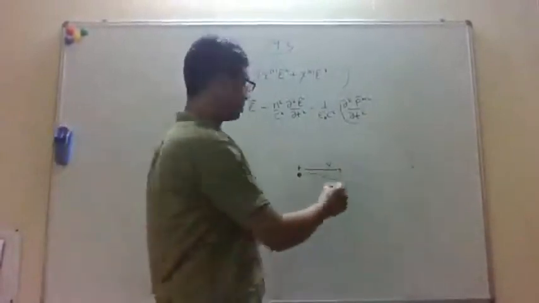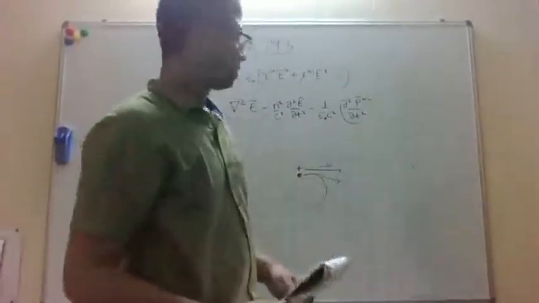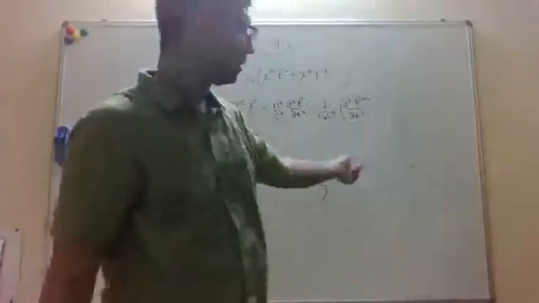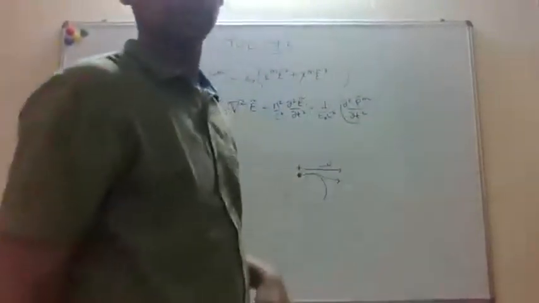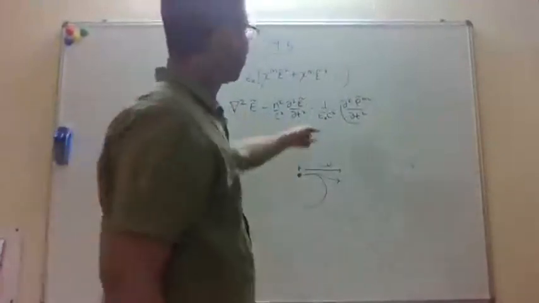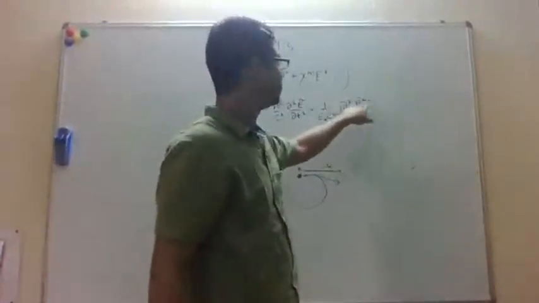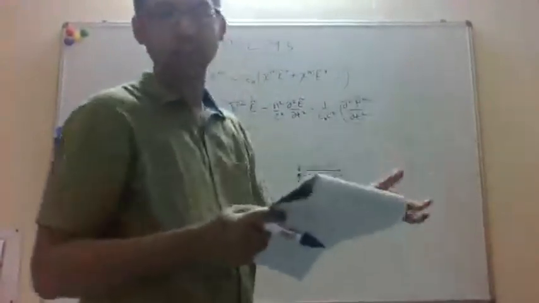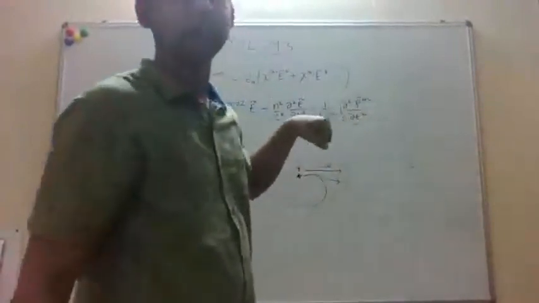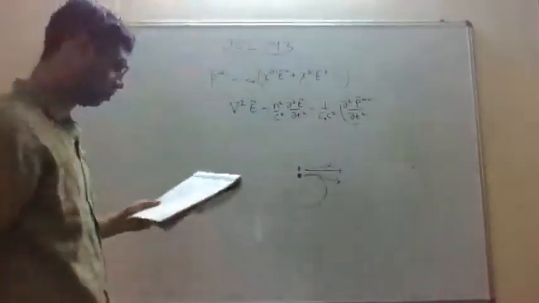But if it's accelerating, so if it's changing its direction or changing its speed, then fundamentally, again from Maxwell's equations, you see it radiates electromagnetic energy, right? So you can see that this d square by dt square is like an acceleration term. This polarization is basically the dipole moment, which is charge, and you're taking the double time derivative, so you're looking at the acceleration of charge. That's where it's fundamentally coming from.